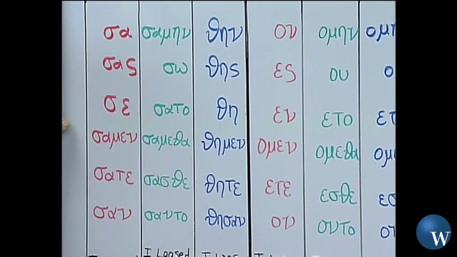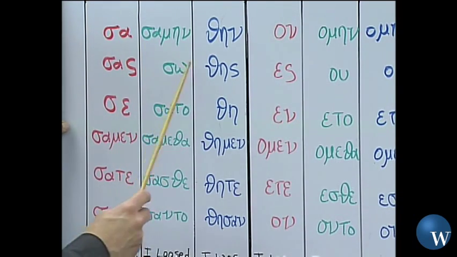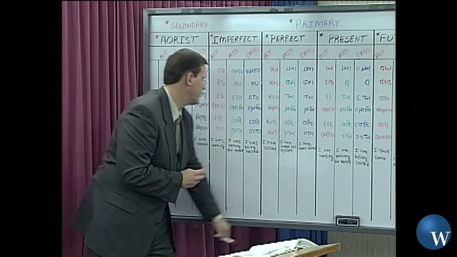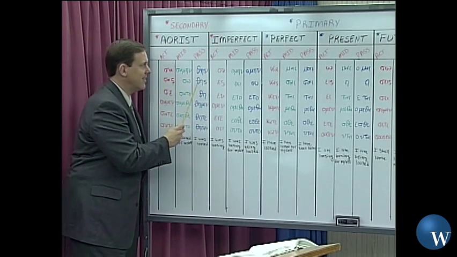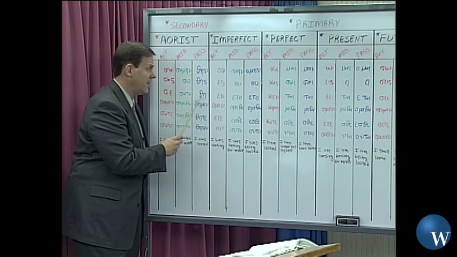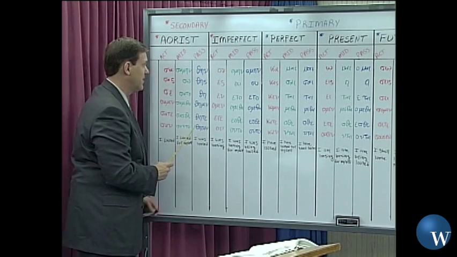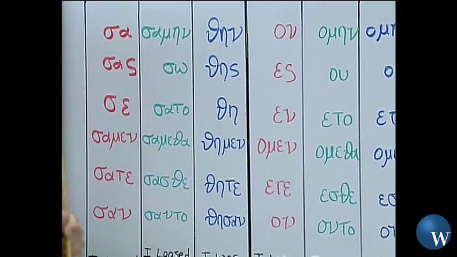So it becomes quite clear how that's to be translated, because these are different from the forms in the passive. Now, I want you to notice something here very carefully. When we go to the passive, this thane, thase, thay, thamen, thete, thesan. Hear that thay.